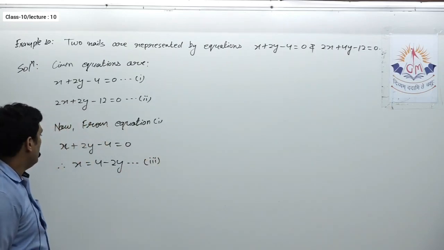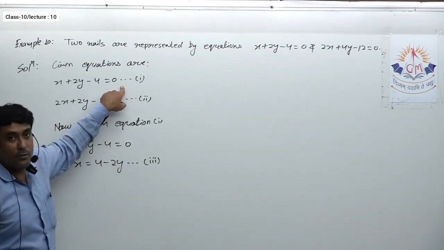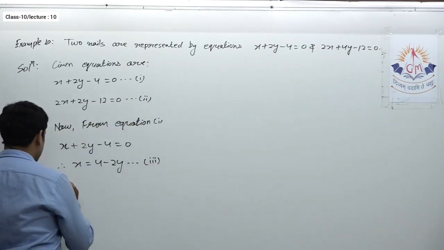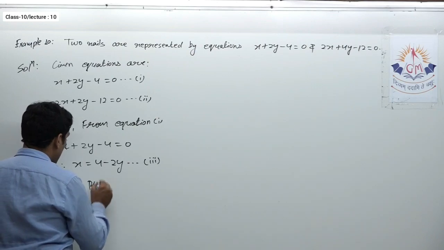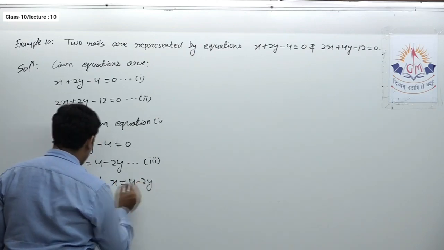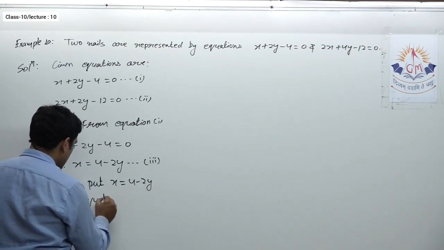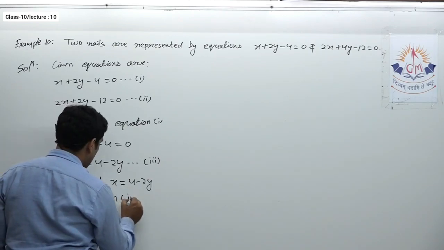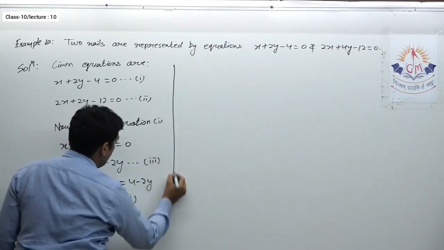Now further, as I got it from the first, I will put it in the second. So now put x is equal to 4 minus 2y in equation second. Now when we put this, let us see what we will get.